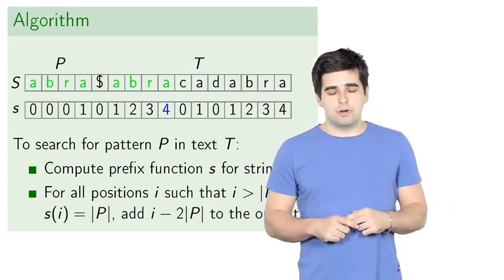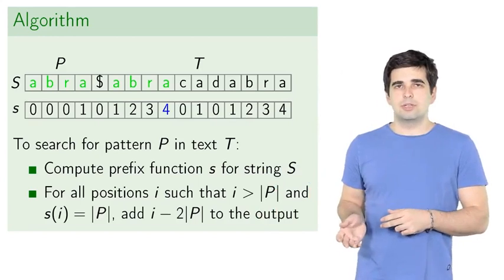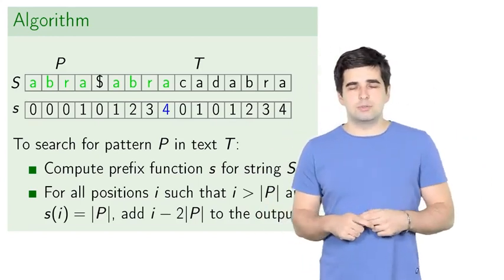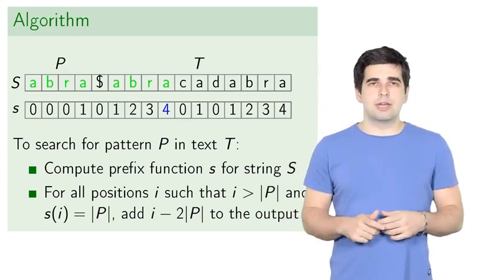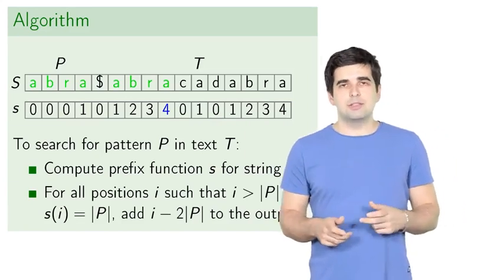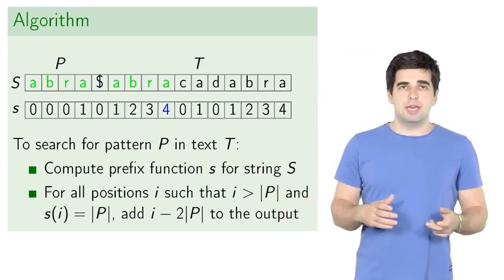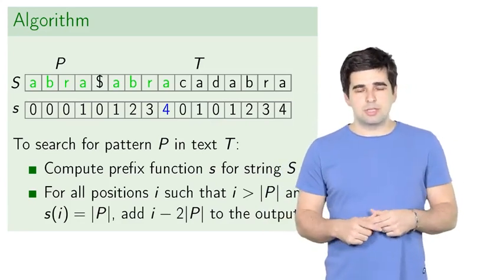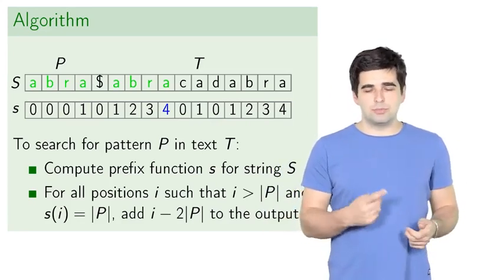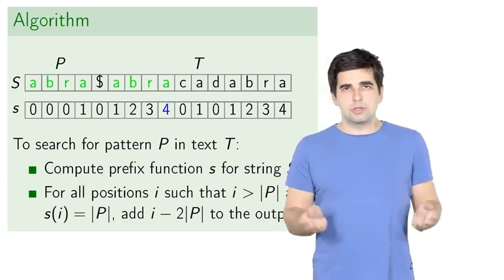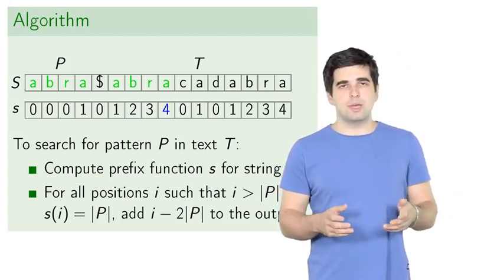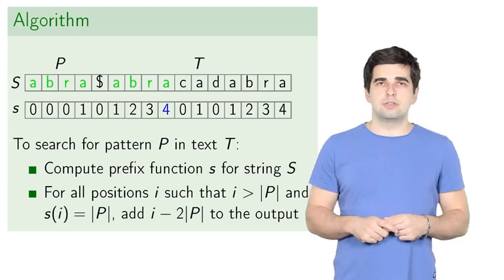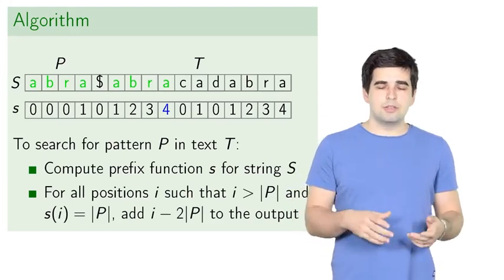For example, if the length of our current border is 2, then the border itself contains characters in positions 0 and 1. And so the next character right after the end of the current border is in position 2. This is why we compare the character in position I, P of I, with the character in position border, P of border. So we compare them, and as soon as they are the same, we know what to do.